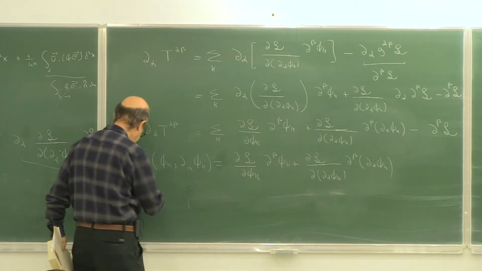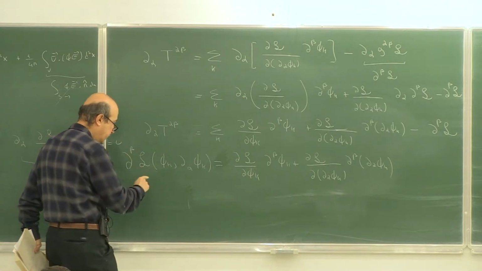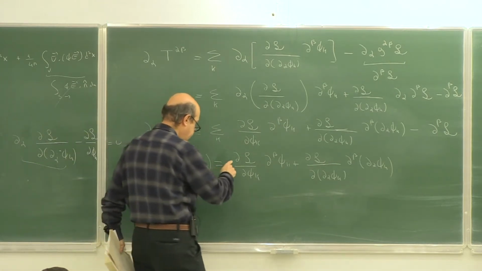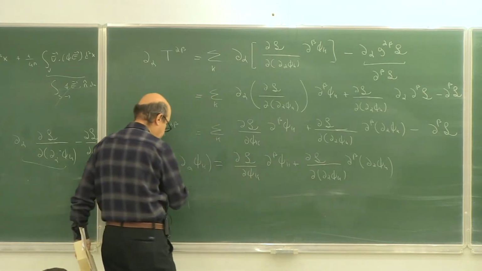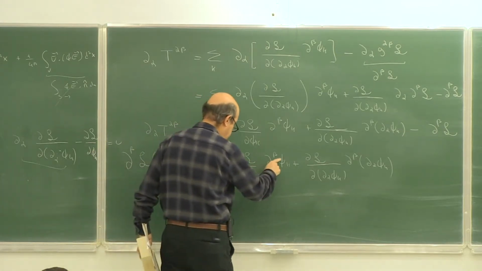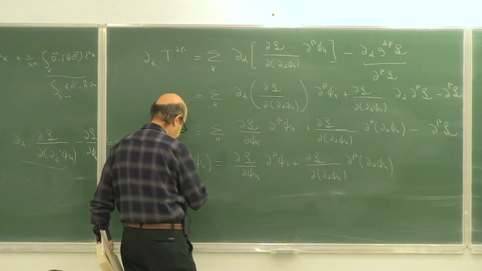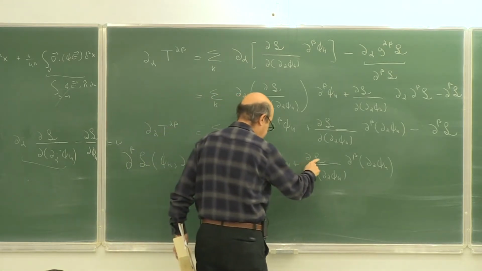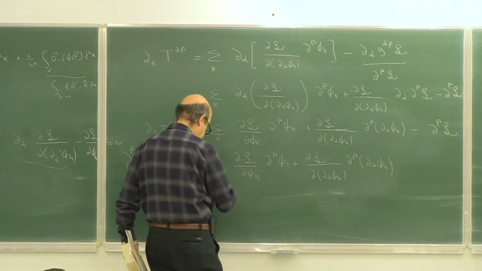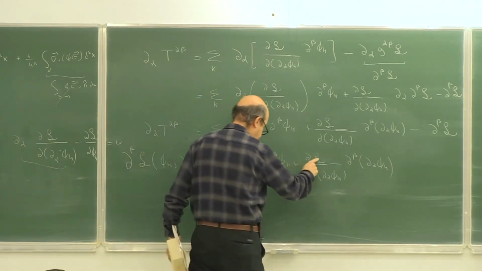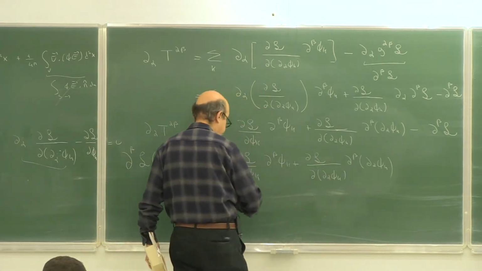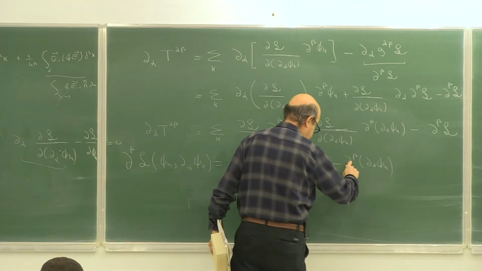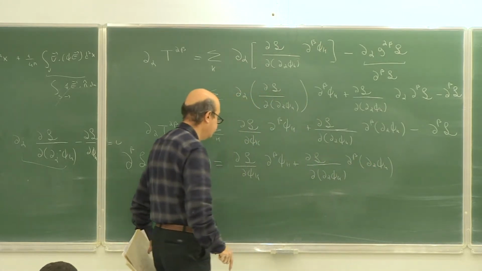So in general, if you have any Lagrangian density which depends on V_k and the derivatives of V_k, if you take the derivative of this Lagrangian density, that is very simple. You take the derivative of the Lagrangian density with respect to the fields, multiplied with the derivative of the fields, and then the derivative of the Lagrangian density with respect to the derivative of the fields, multiplied by the interior derivative, del beta of del alpha V_k.